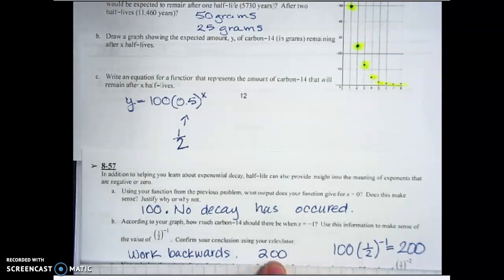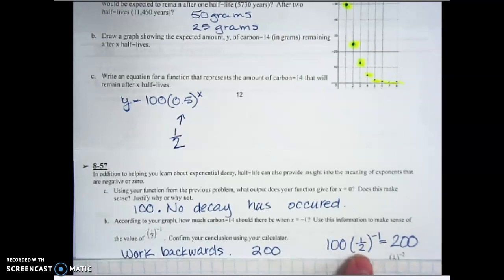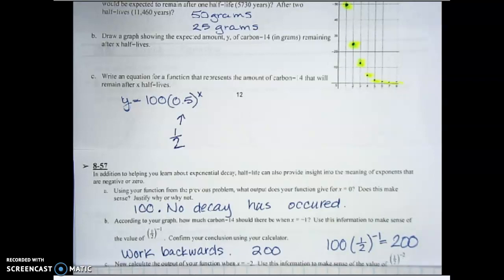So what's double 100? 200. So this is what it would look like in the equation. 1/2 to the -1 power would be 2, and then 2 times 100 would be 200. So mathematically, that's what it looks like.